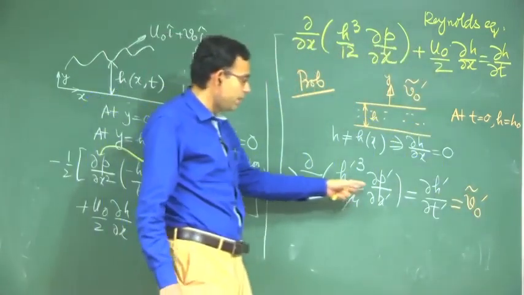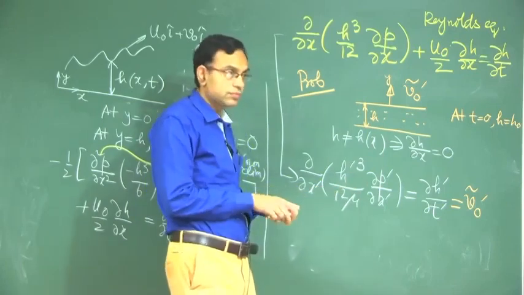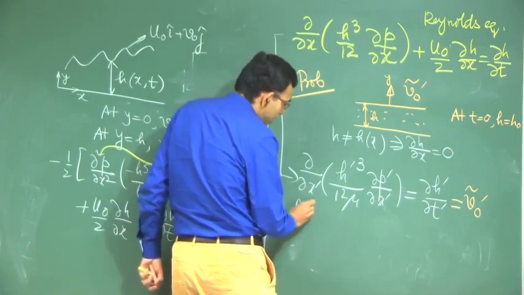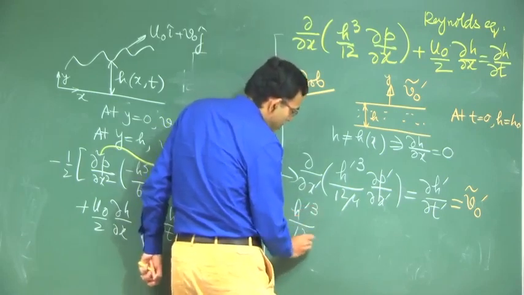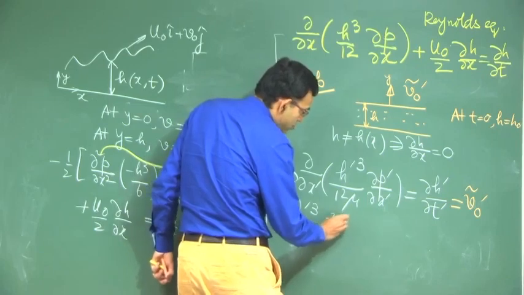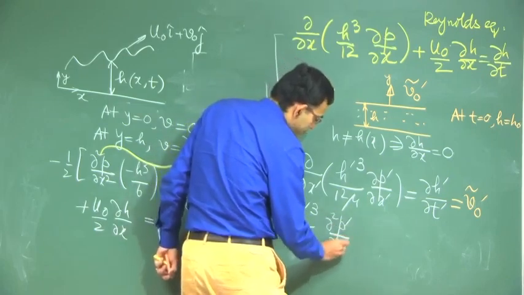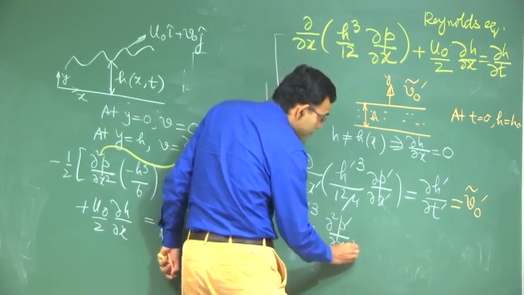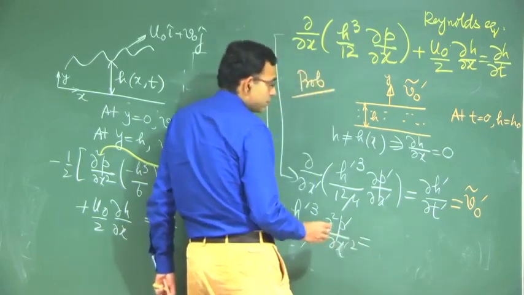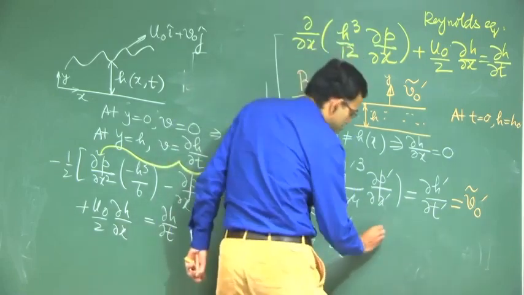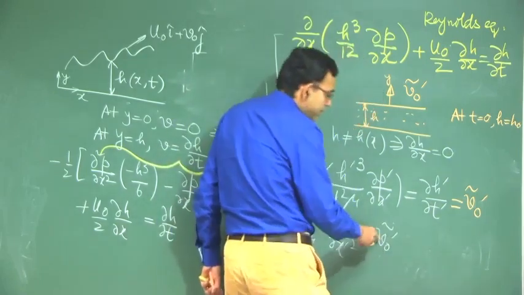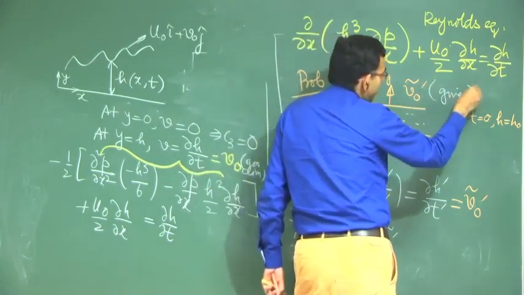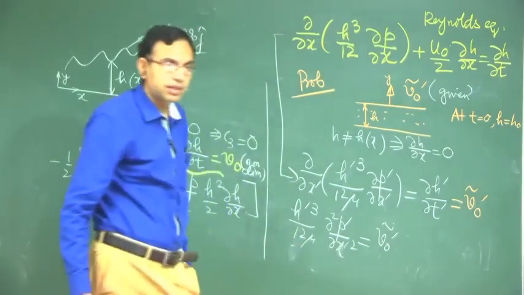And h not being a function of x, you can bring it out of the derivative. So h dash cube by 12 mu. This velocity is constant, it is given that your objective is to pull the plate with a constant velocity, that is your objective.